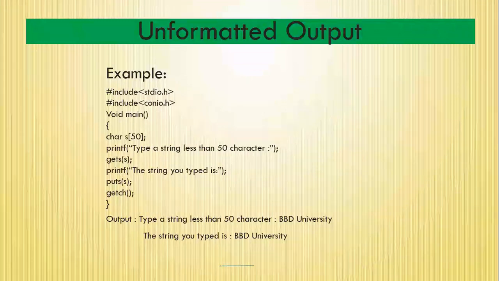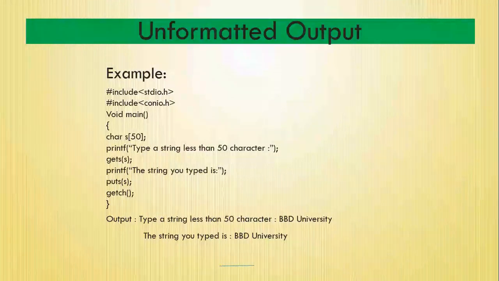When you execute the program, it will first display the message: type a string less than 50 characters. Here I have written BBD University. When you press enter, it will display: the string you typed is BBD University. Whatever you type here will be displayed by the puts function.